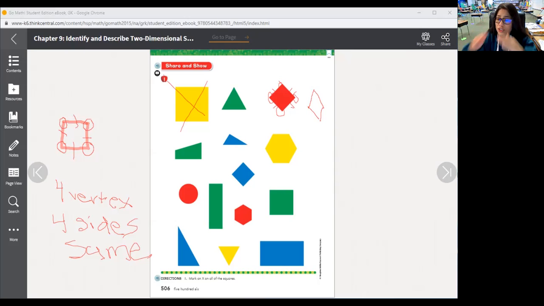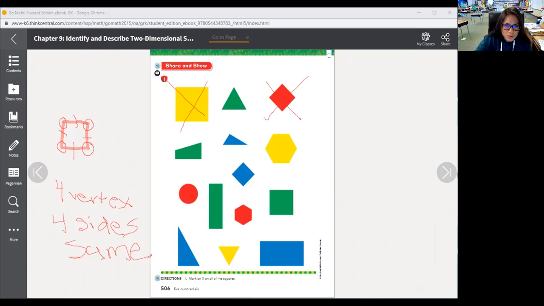And this one looks like they're all the same sides. So this one is a square. Thank you, Beth. Sometimes it gets a little tricky, so we have to make sure what is the rule that we know about the square. We know they have 4 sides, they're all the same, and it has 4 vertex. And this one looks like it does. It has 4 sides and 4 vertex, and they're all the same.